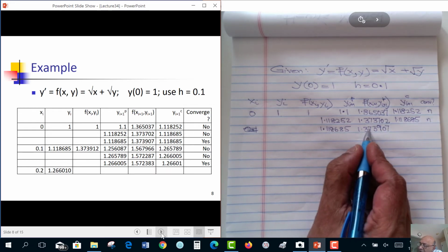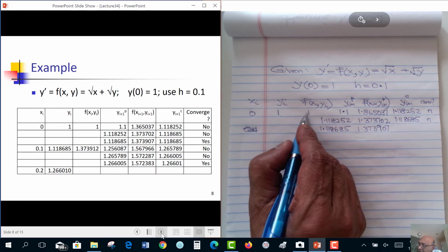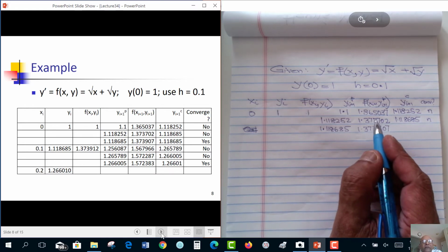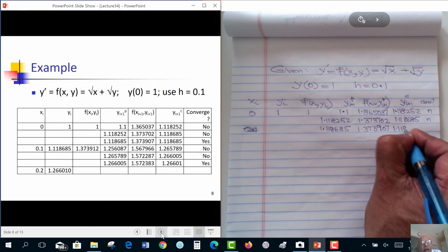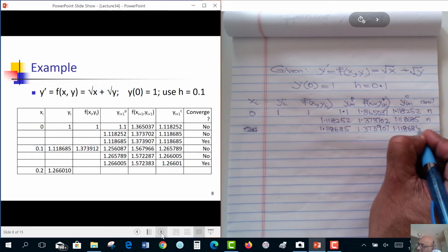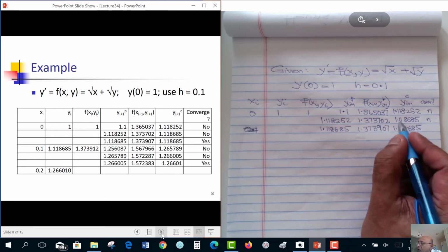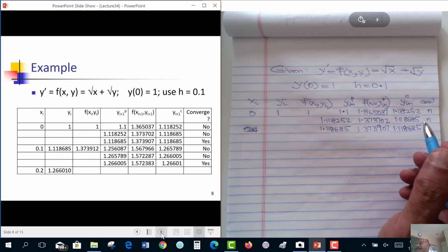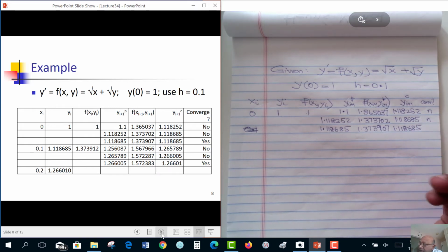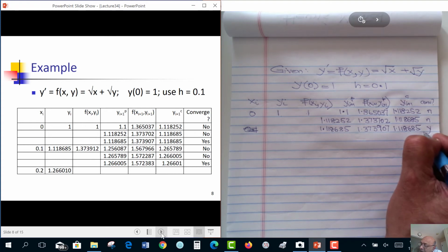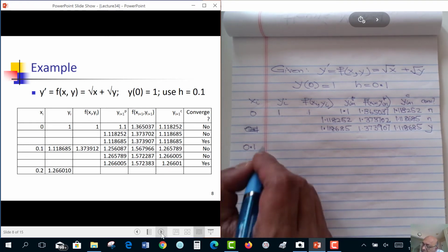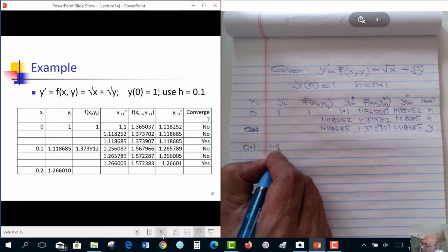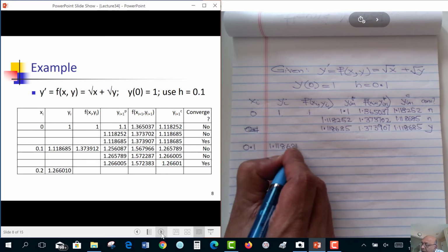Again, we average this function with 1 times 0.1 plus 1. And now we get 1.118685. And now I match all 6 decimal digits that I have been keeping. I can't improve any further. So let's say I've converged. So at 0.1, our y value is 1.118685.